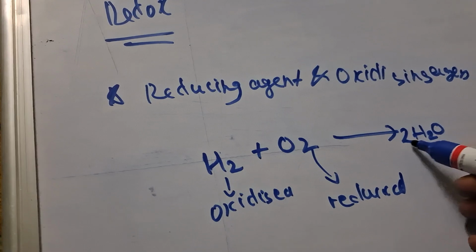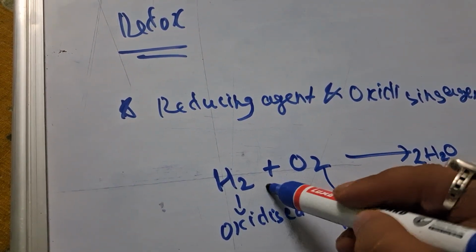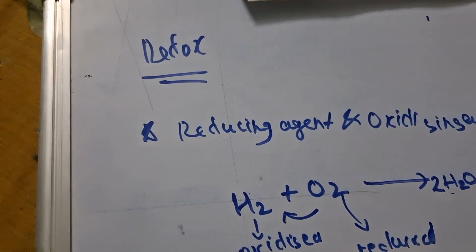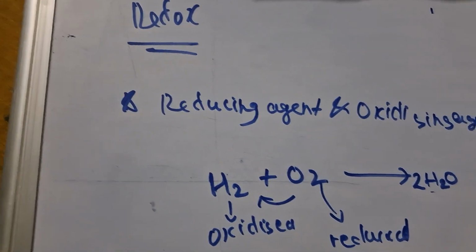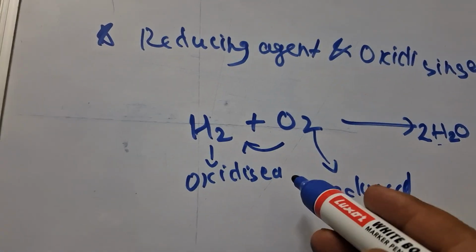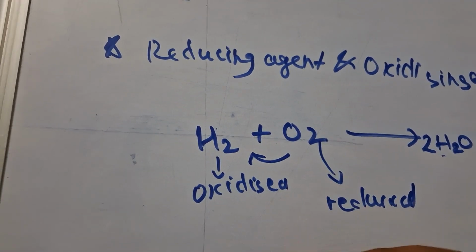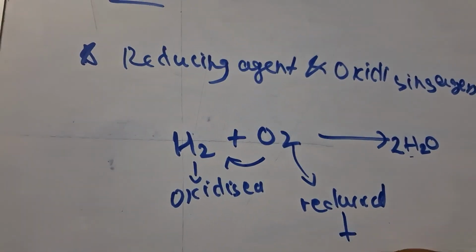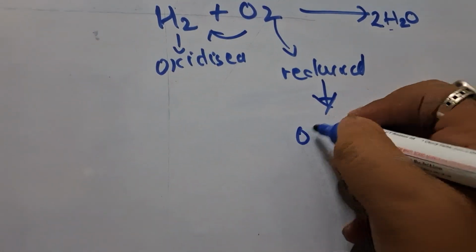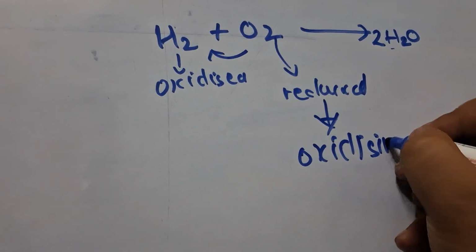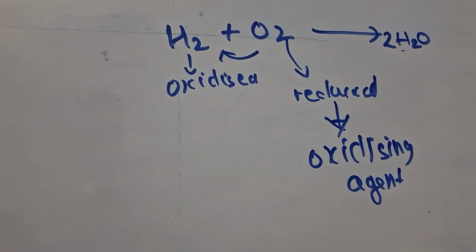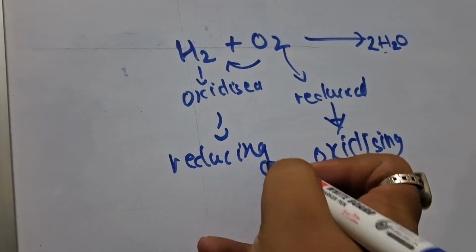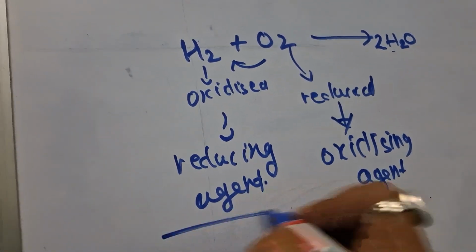Why? Hydrogen is having an addition of oxygen, which we know is oxidation, and H2 is getting added to oxygen. This is making the oxygen reduce. So when something is getting reduced, it is the oxidizing agent, and this is the reducing agent. As simple as that.